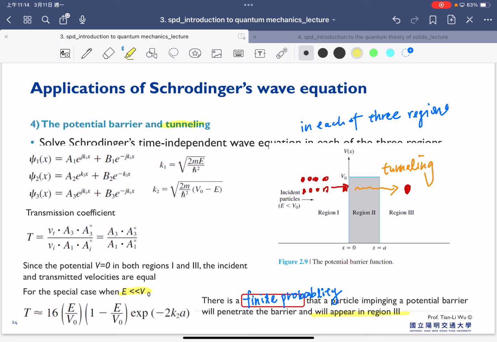So that's the point here. That's something we already made a good guess about before, but finally we also have the equation proving that there is indeed a chance for this transmission, and this particle in the end can penetrate to the other side.